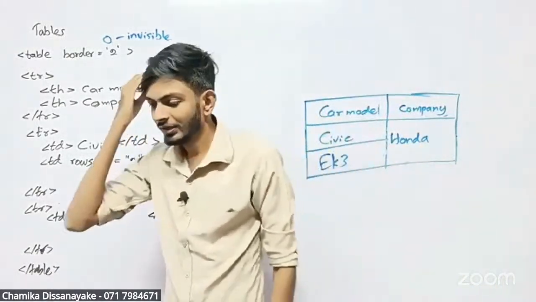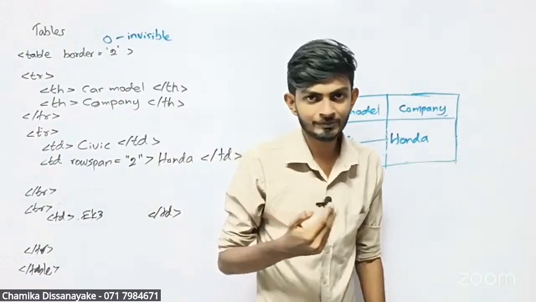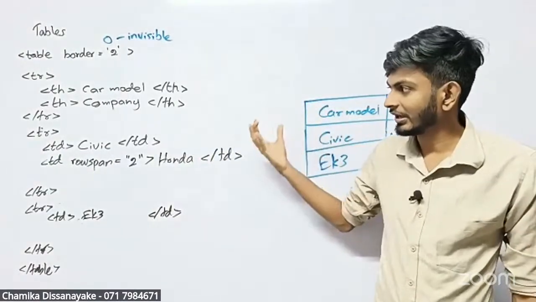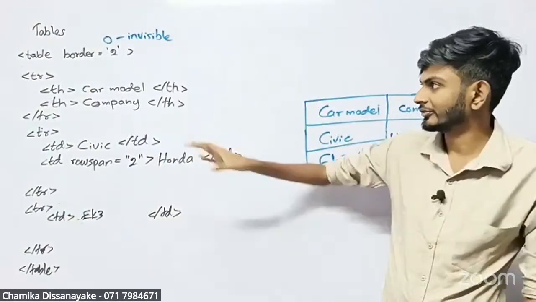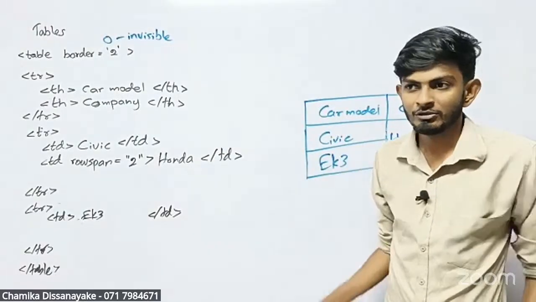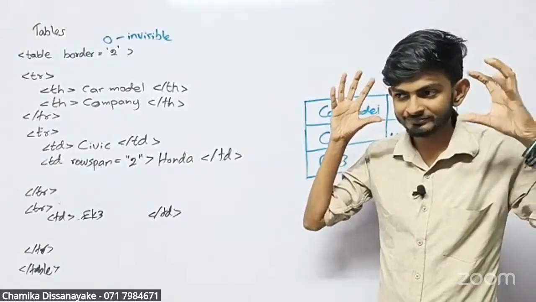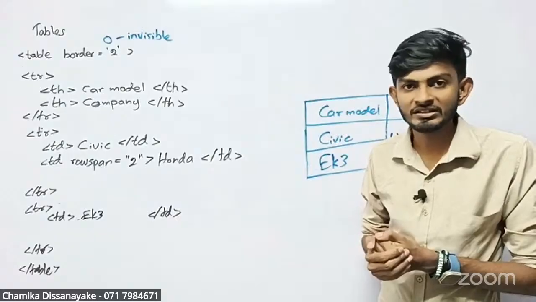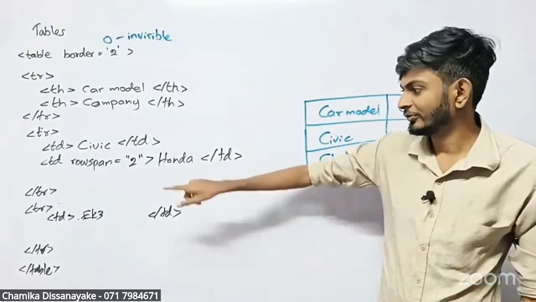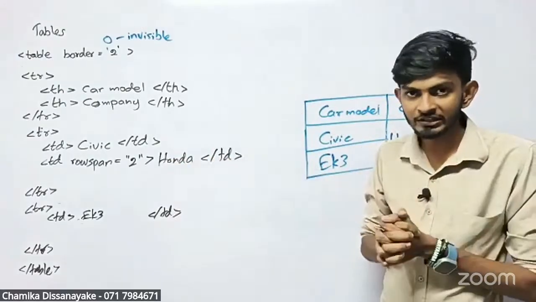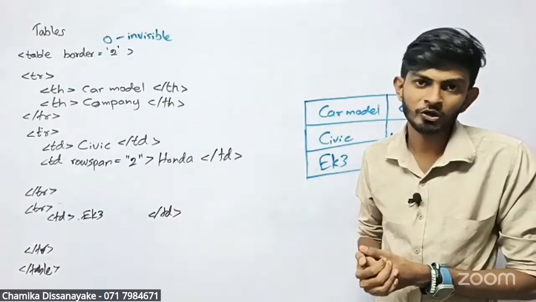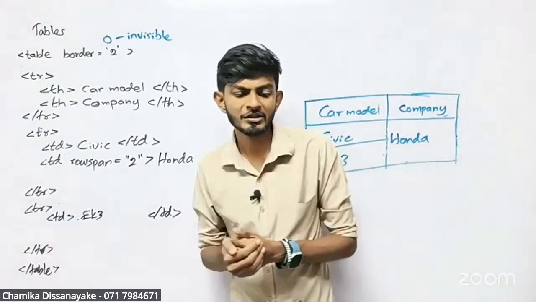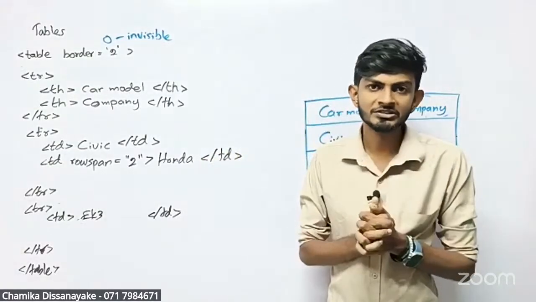Okay, this is about tables. There is some advanced coding in this rowspan and colspan, so I need to give you the theory of this one. Now you know how to merge two cells or two columns. We can use colspan or rowspan. This is how we merge something.